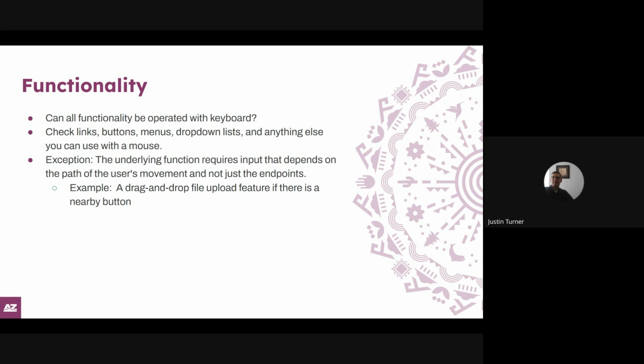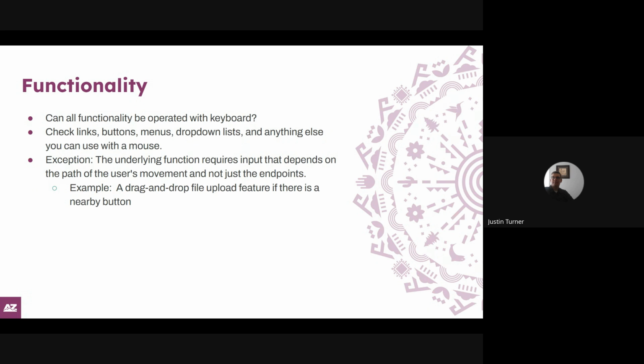There's one exception to functionality that comes into play here. And that's if that underlying function requires the user to do certain pathways. And I know I'm using a technical term here, but there's two examples of this.